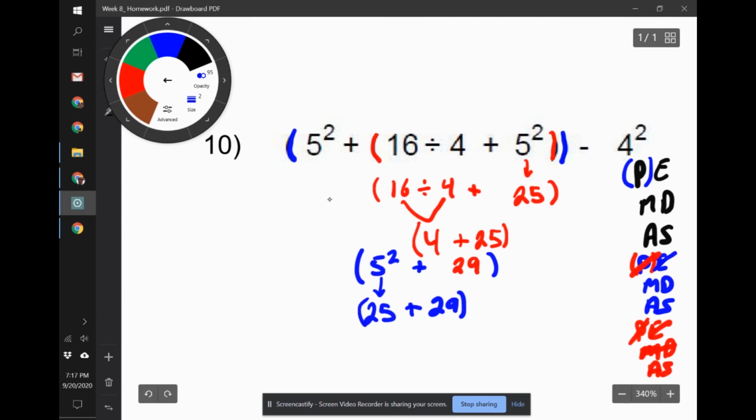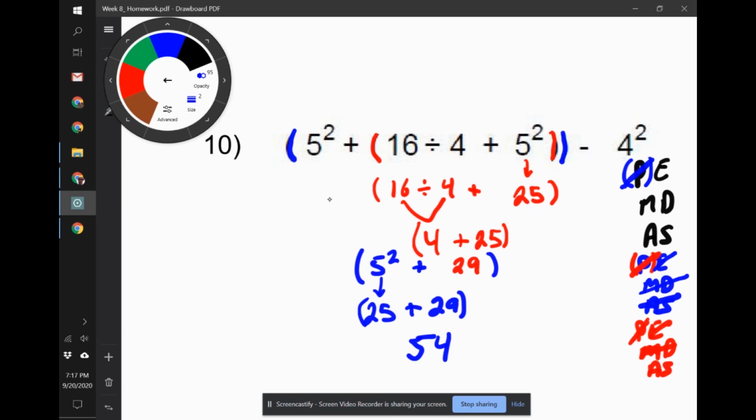Here, there's no exponent, there's no multiplication, division, there is adding and subtracting, so we'll do that. That's 54. And the last thing, so that's done. Also, the blue set of parentheses is done.